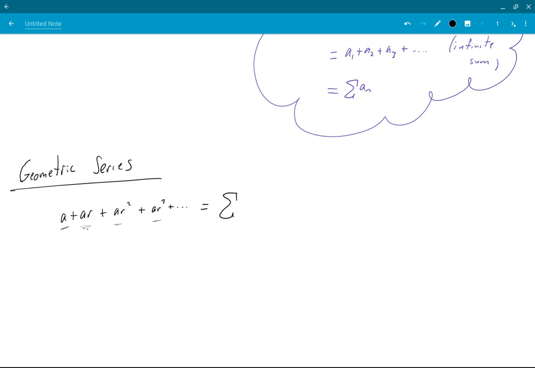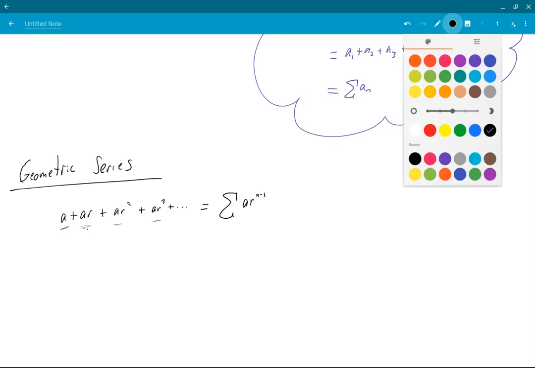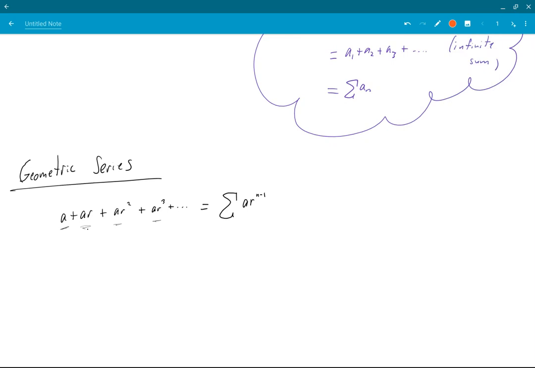Summation, how does the book do it? So it goes n equals 1. Okay, I'll put this in orange here. I'm not always going to write this.